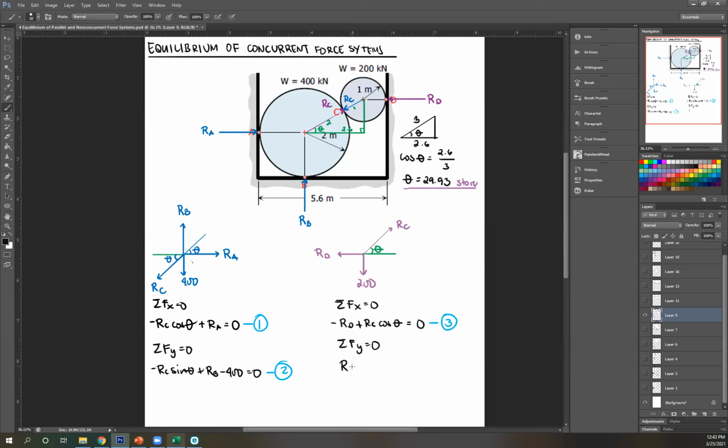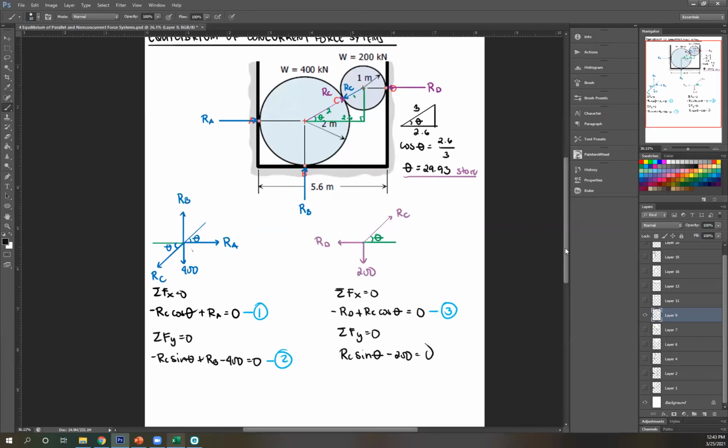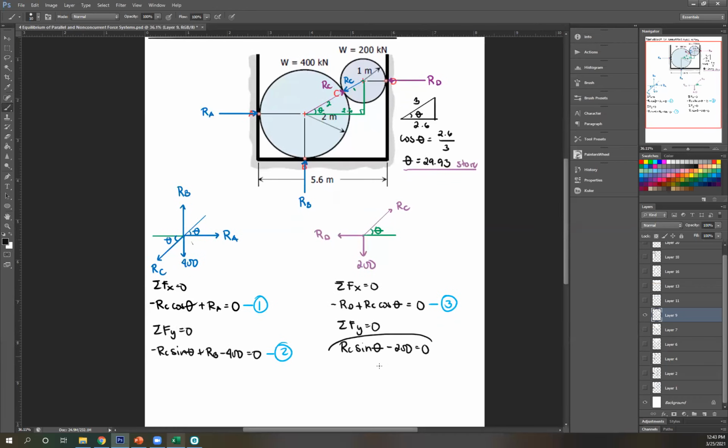RC is positive there because it's upward. So RC sine theta minus 200 equals 0, since RD doesn't have a vertical component. And from this equation, I can finally solve for a variable, which is RC, since it's the only unknown. So please solve for RC. What's the answer?